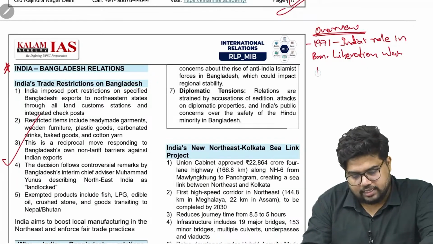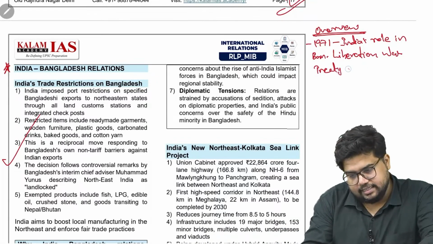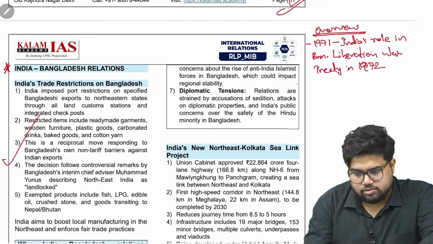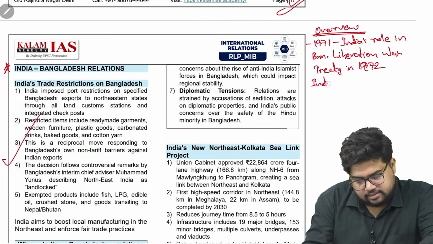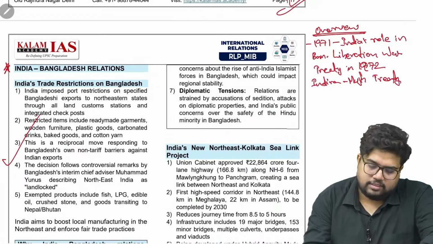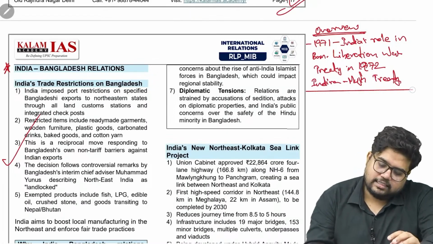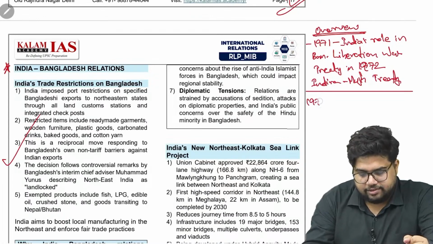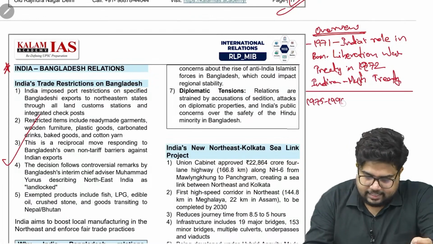Now, we signed a friendship treaty in 1972. This treaty is also called the Indira-Mujib Treaty.